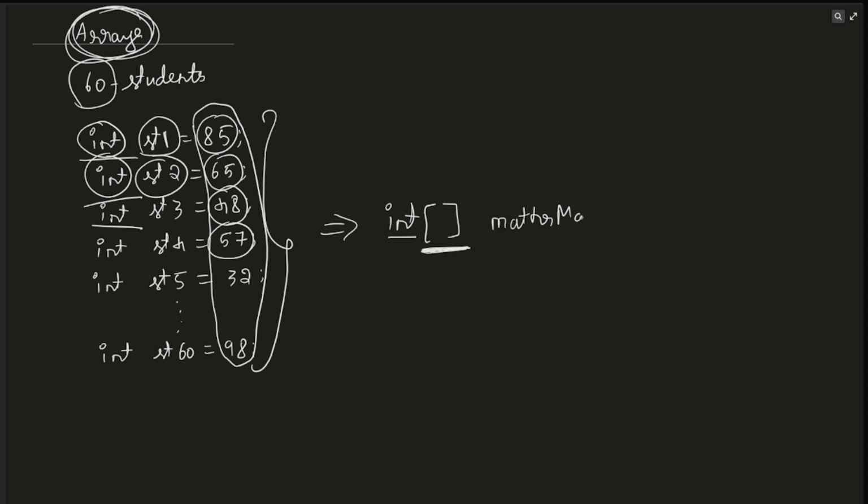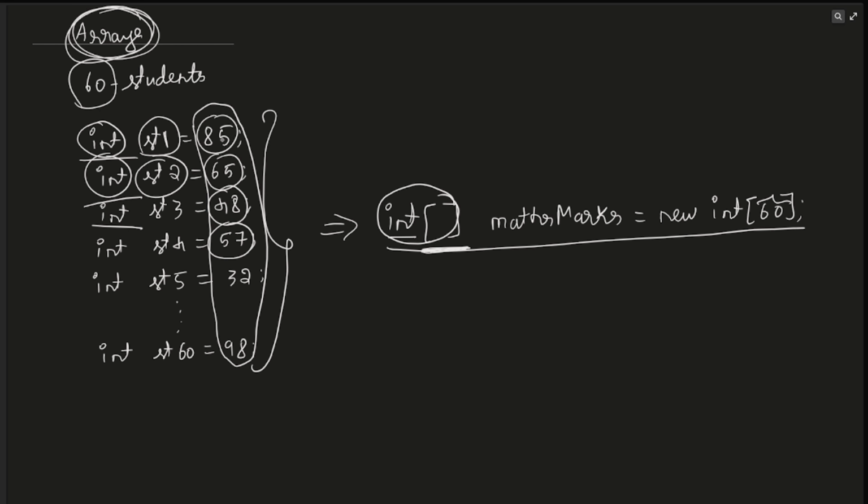I'm just giving maths marks equals new int of 60. This only declares the size of this integer array, where the size is 60.